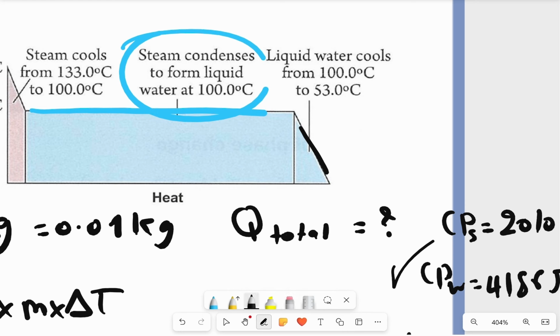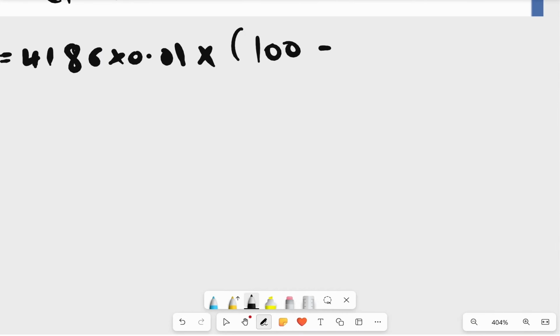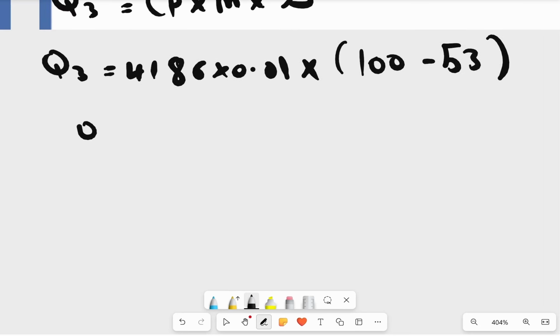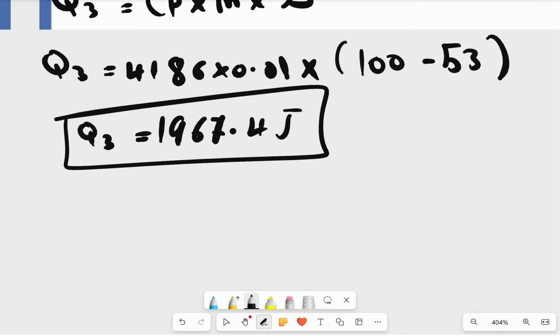It drops from 100 to 53, so we're going to say 100 minus 53. Q3 is going to be equal to 1967.4 joule. This is our final heat.